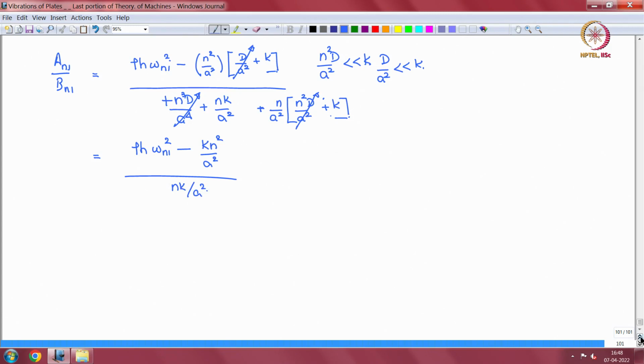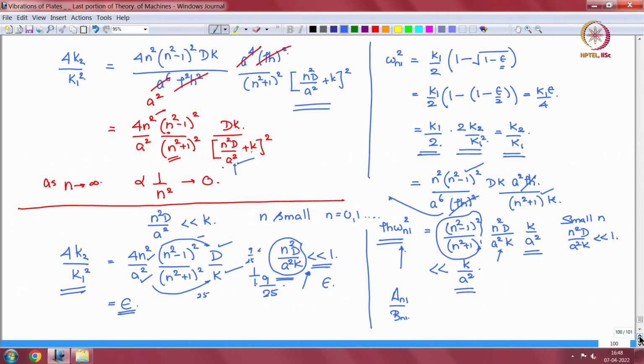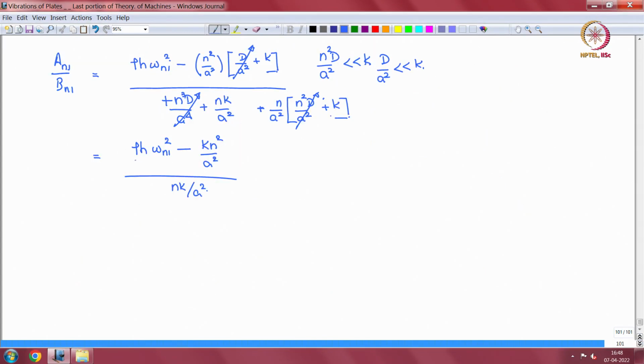Okay. Now if you recall, somewhere here we said that rho h omega n1 square is much less than k by a square, and therefore this is much less than k by a square into n square.